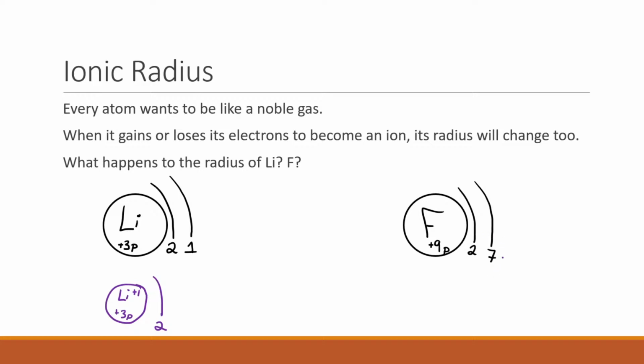Fluorine, with its 7 valence electrons so close to a full shell of 8, was really going to want to gain an electron. And so, when we look at fluorine, it will get its 8th valence electron here.